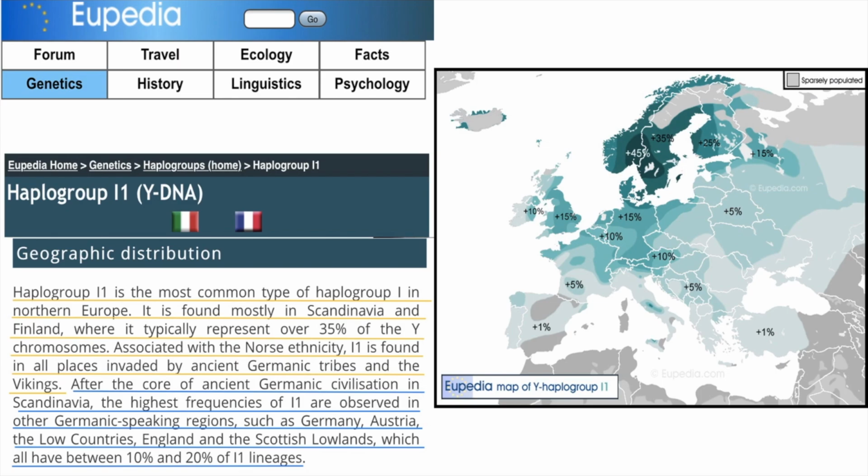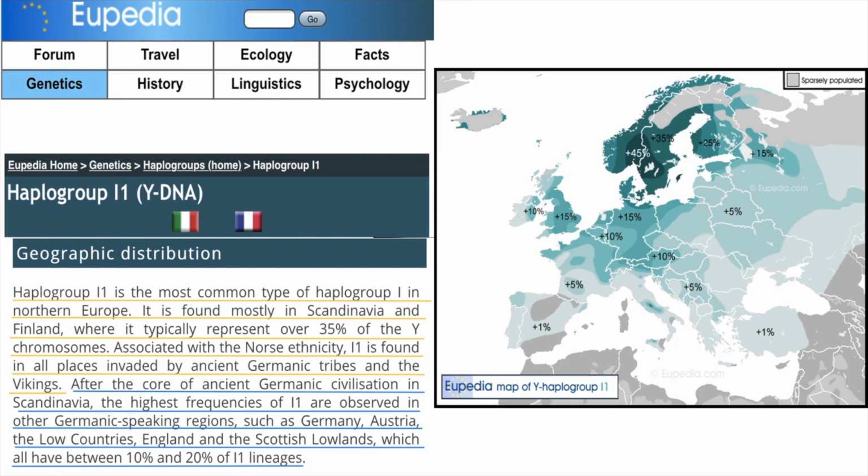It says haplogroup I1 is the most common type of haplogroup I in Northern Europe. It is found mostly in Scandinavia and Finland, where it typically represents over 35% of the Y chromosomes associated with the Norse ethnicity. I1 is found in all places invaded by ancient Germanic tribes and the Vikings.